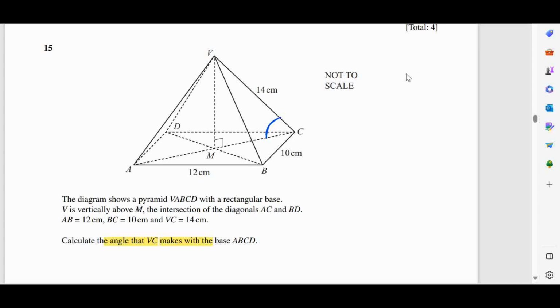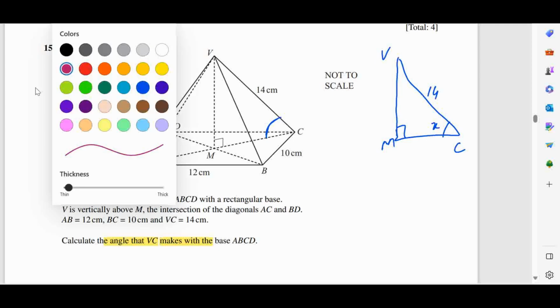If we draw it separately, it will be like this: V, M and C. This side is 14. We don't know about this side and we don't know about MC. So first of all, we cannot find the angle, let's say the angle X. So how to find the angle X? First of all, we have to calculate one of the other two sides.